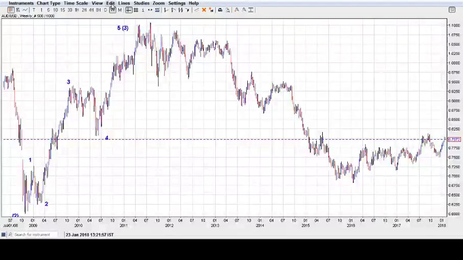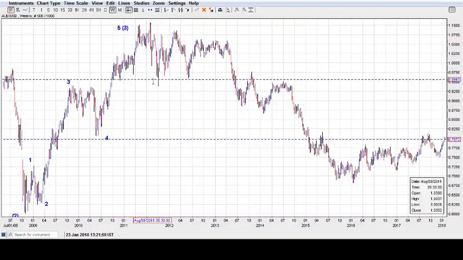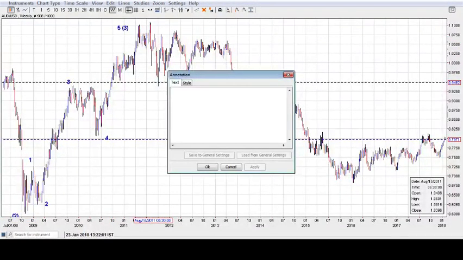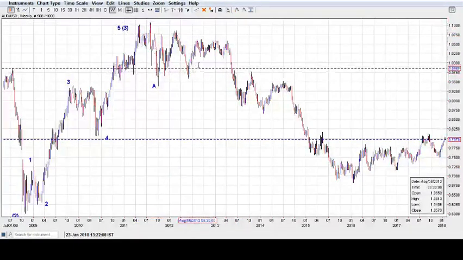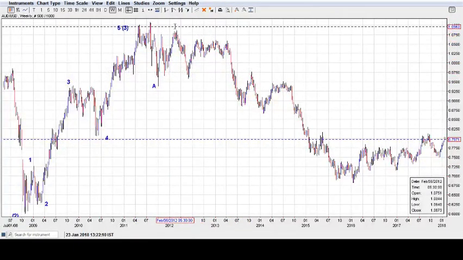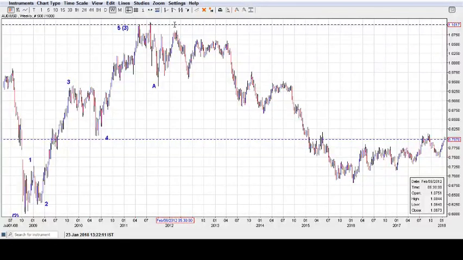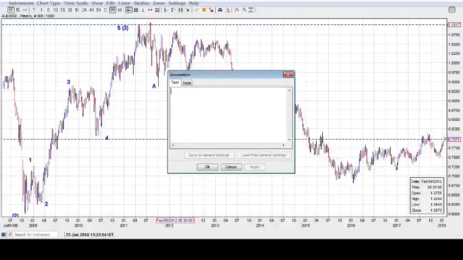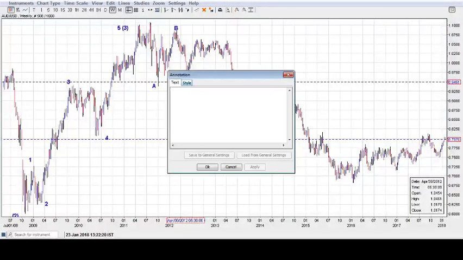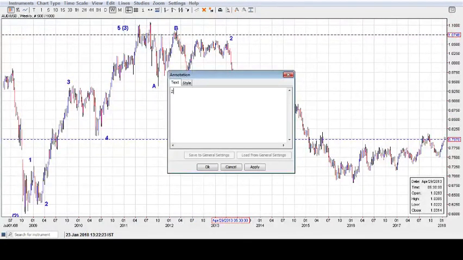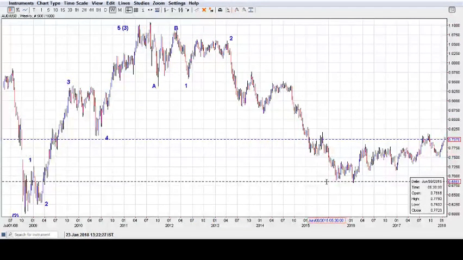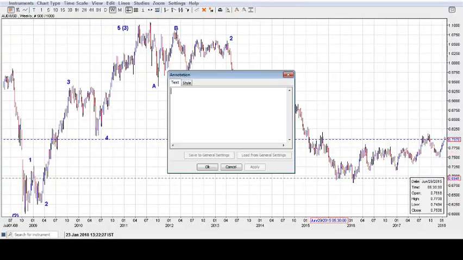So that be A, or 3 waves, B, and then 1, 2, C waves would unfold into 5 waves, right?